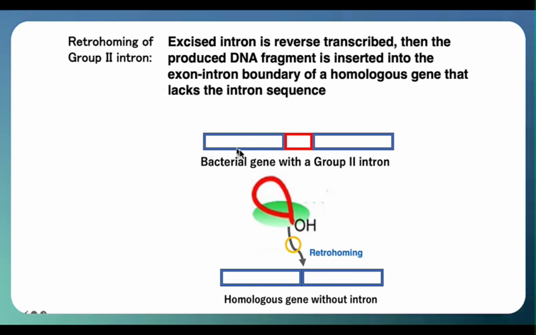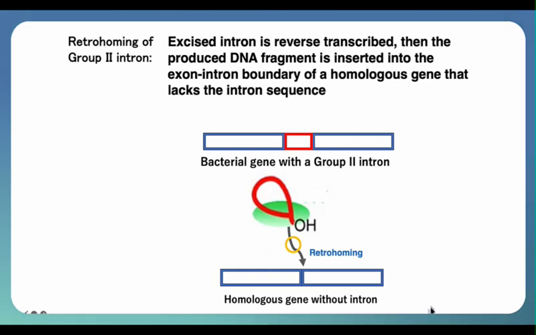In this figure, this is a gene containing a Group II intron, and here is its homologous gene without the intron. First, messenger RNA is produced from the gene containing the intron, and the Group II intron is spliced out from this immature messenger RNA. The excised intron RNA is then inserted into the intron-less gene at the position corresponding to the exon-intron boundary in the intron-containing gene through a reverse of the splicing reaction.